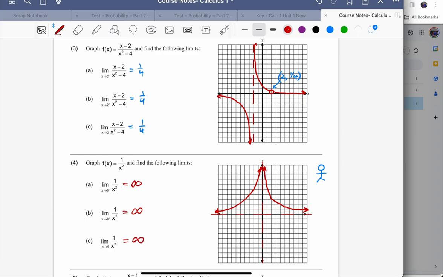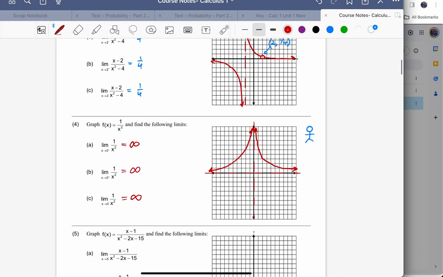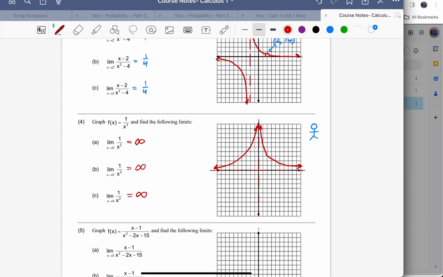So my limit will be infinity. But if it was not symmetric, they could be going to different infinities, but we could still say that it's going to some kind of positive infinity. It's not very mathematically sound to write that, so we just abbreviate it with infinity.